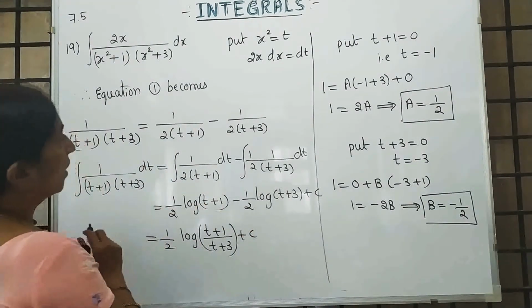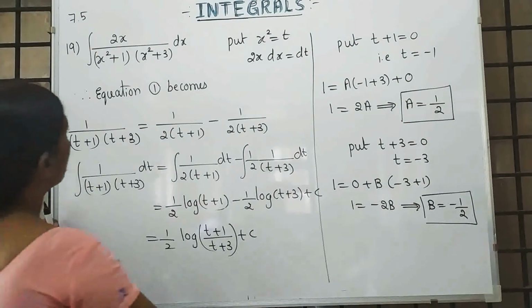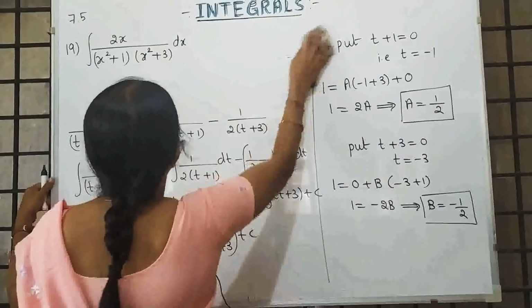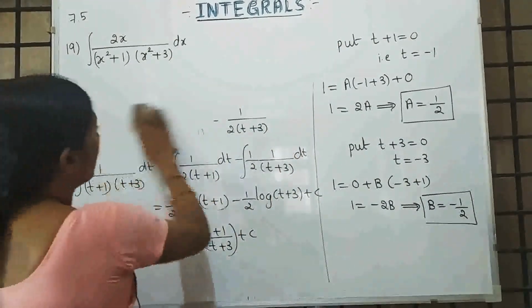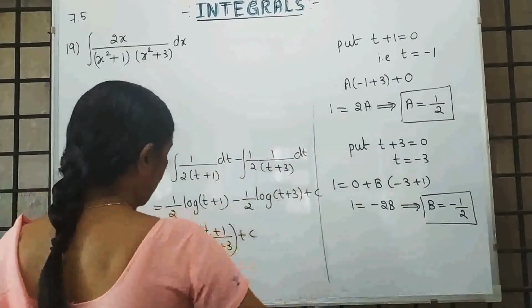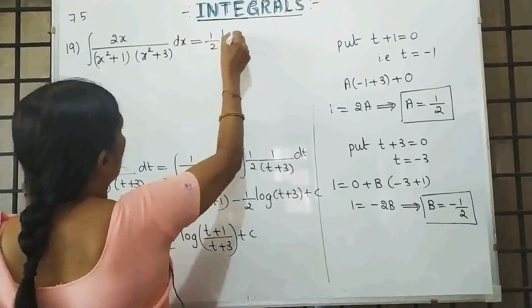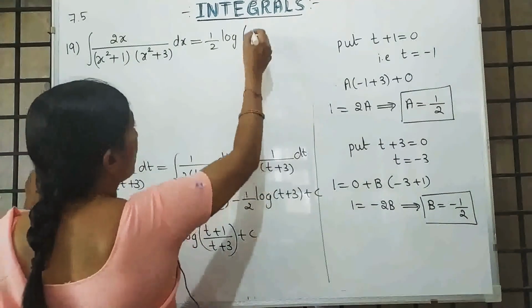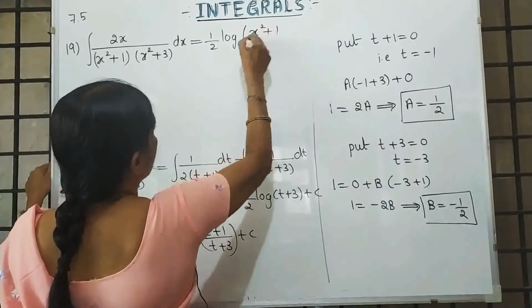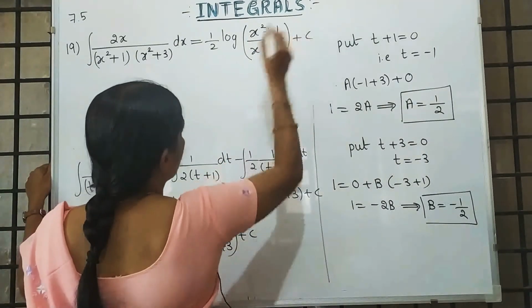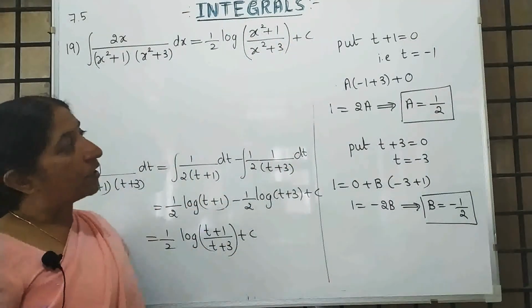Now convert this in terms of x. The given problem will be written as integration of 2x plus 1 upon x square plus 1 into x square plus 3 is equal to 1 upon 2 log of t, whose value is x square plus 1 upon x square plus 3, plus c. See, the sums are very simple.